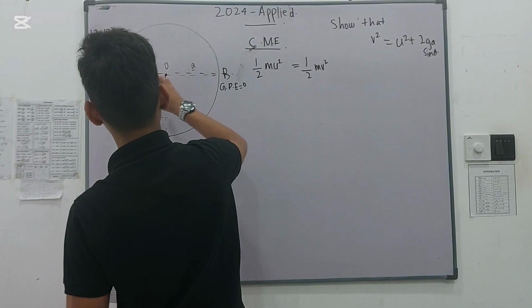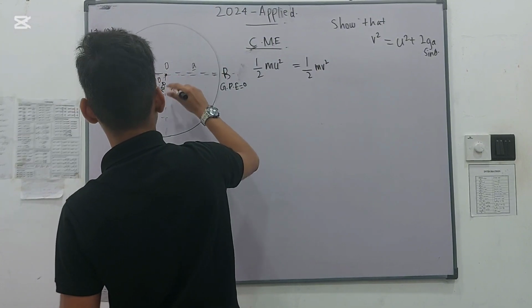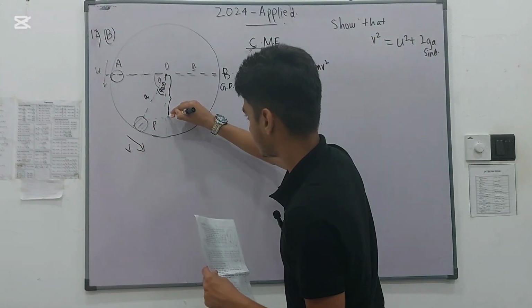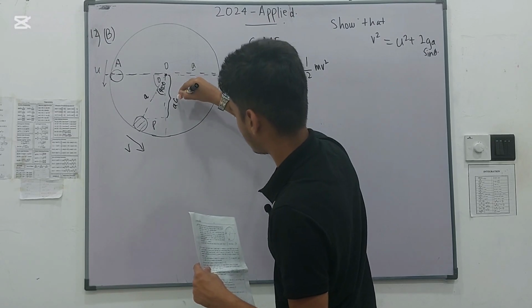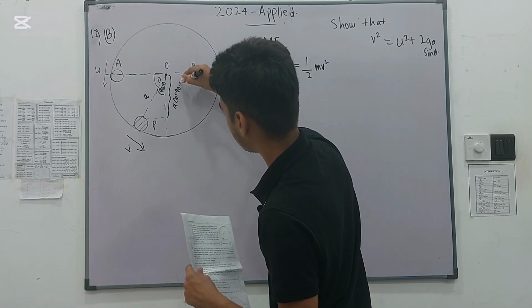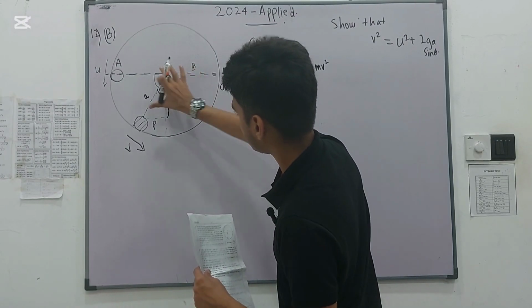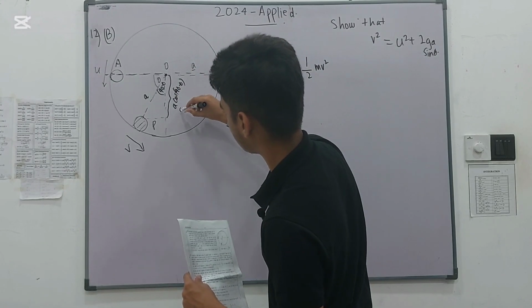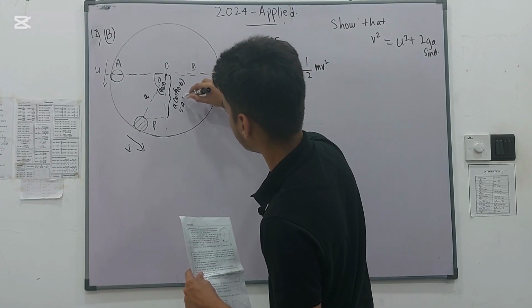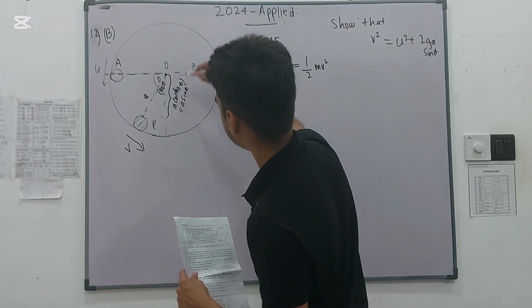If this is a, this is also a. And this part over here is a cos of 90 minus theta. What is that? a cos 90 minus theta is a sin theta.